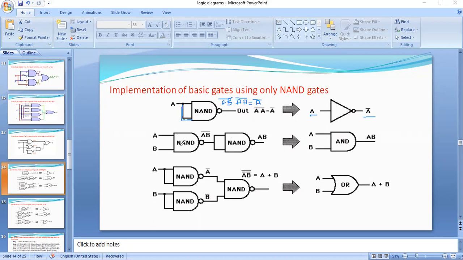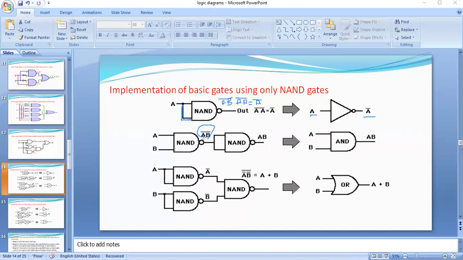First I am taking a NAND gate. If the inputs to the NAND gate are A, B, the output is (A dot B) whole bar. If you want to get this A dot B operation without the bar, we have to complement it again. If we complement, A bar whole bar is equal to A. In a similar way, (A dot B) whole bar, with another whole bar, double whole bar, gives A dot B.